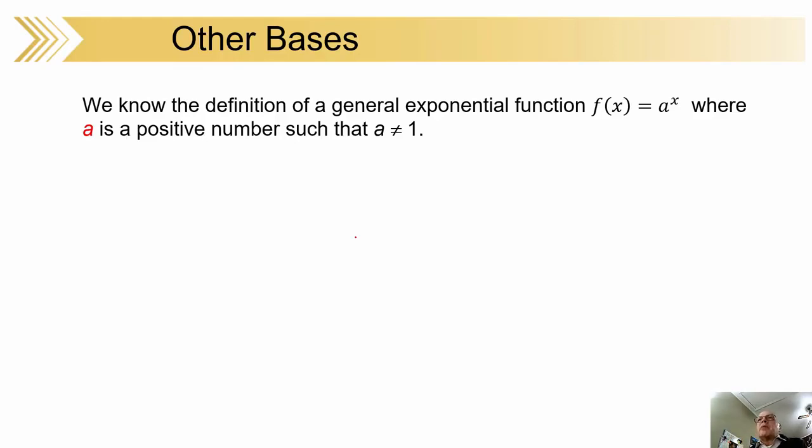First of all, remember that the base has to be a positive number, and 1 would be pretty silly. 1 to any power is 1, so that's the reason why we throw that out. You don't see anything if the base is 1.